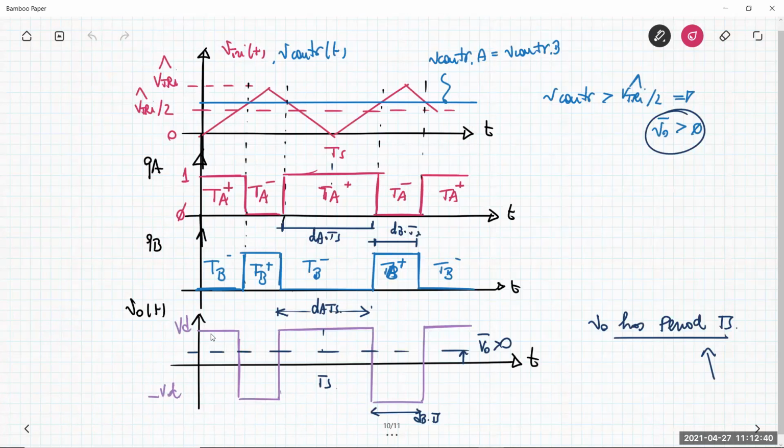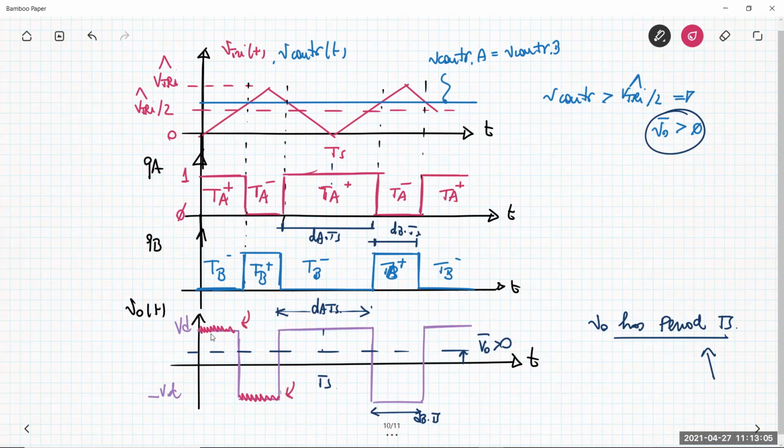Another difference with respect to the unipolar pulse width modulator is that the output voltage is not unipolar. As you can see, the output voltage has one level, which is VD, and another level, which is negative VD. So you have two levels, and this is why this modulation is also called two-level. Okay, we do not have the zero level. In that situation, you can have simultaneously a positive value and a negative value.